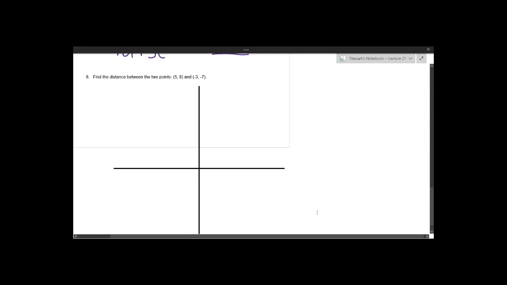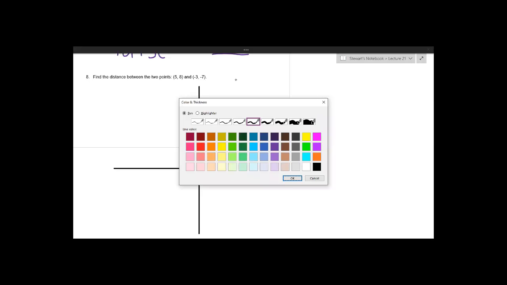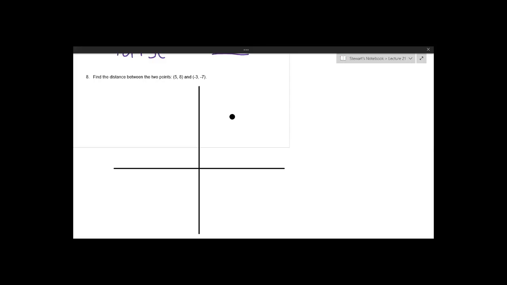Okay, so we'll say, I don't know, (5, 8). We're going to go to the right 5, up 8. It's about right there. And then (-3, -7), you're going to go over to the left 3 and then down 7. So it's about right there.